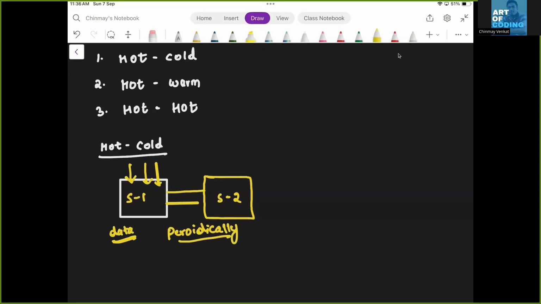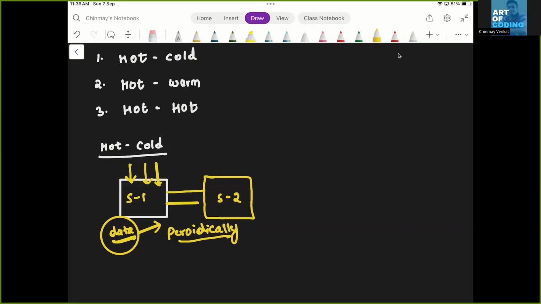The data will be transferred periodically, that means for every 10 minutes or for every 1 hour, the data will be transferred periodically between the two servers, or three servers, or however many servers you are duplicating to.